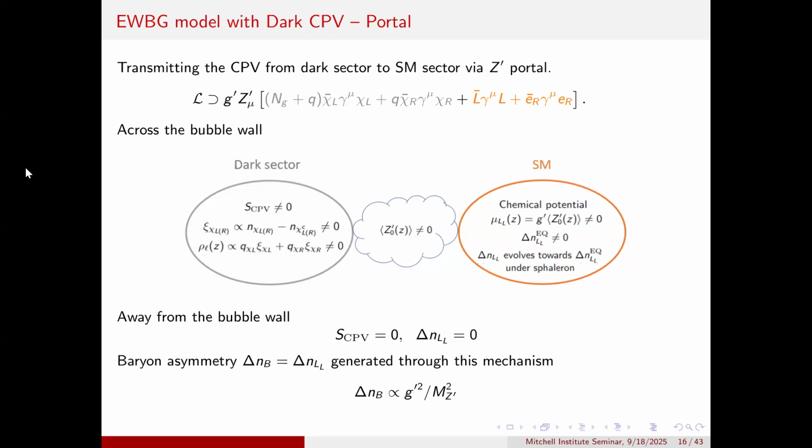So then that would change the equilibrium number of the standard model lepton. And that would drive the sphaleron to generate more lepton than anti-lepton. And remember that the weak sphaleron could change baryon number and lepton number respectively, but would preserve B minus L. So that would effectively convert the lepton number to baryon number. So eventually, we get baryon number out of this non-zero lepton number.